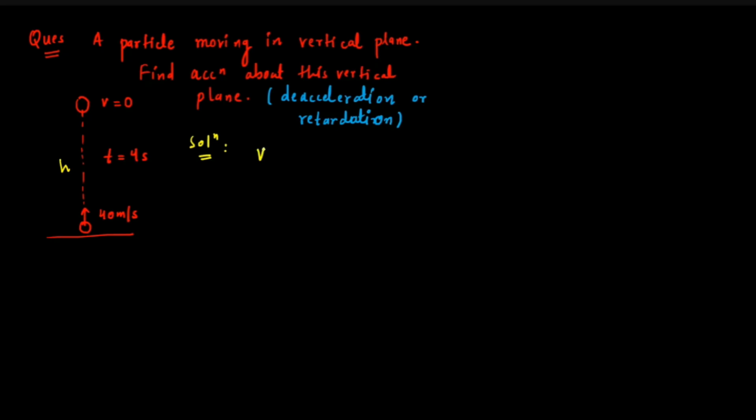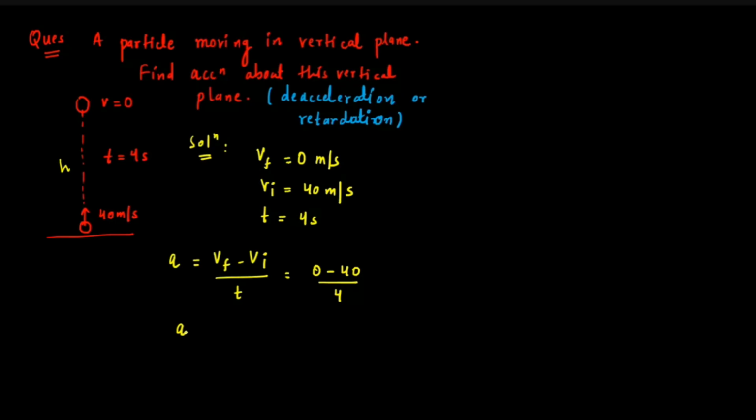So the initial velocity is 40, and the time taken is 4 seconds. So I would say it's going to be V final minus V initial over time. That is going to be 0 minus 40 by 4.